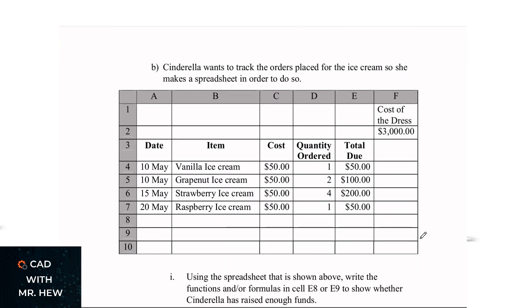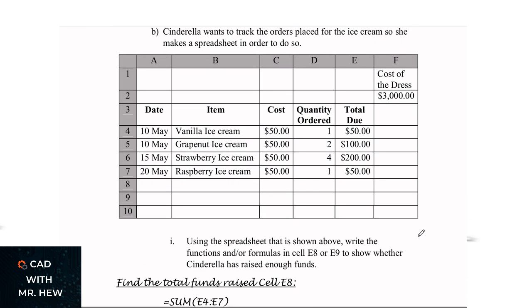All right. It says Cinderella wants to track the orders placed for the ice cream. So she makes a spreadsheet in order to do so. So here's a spreadsheet where she recorded the date, the item, the name of the item, the cost per unit, the quantity ordered, the total amount that will be due based on the amounts of units of ice cream that was ordered.